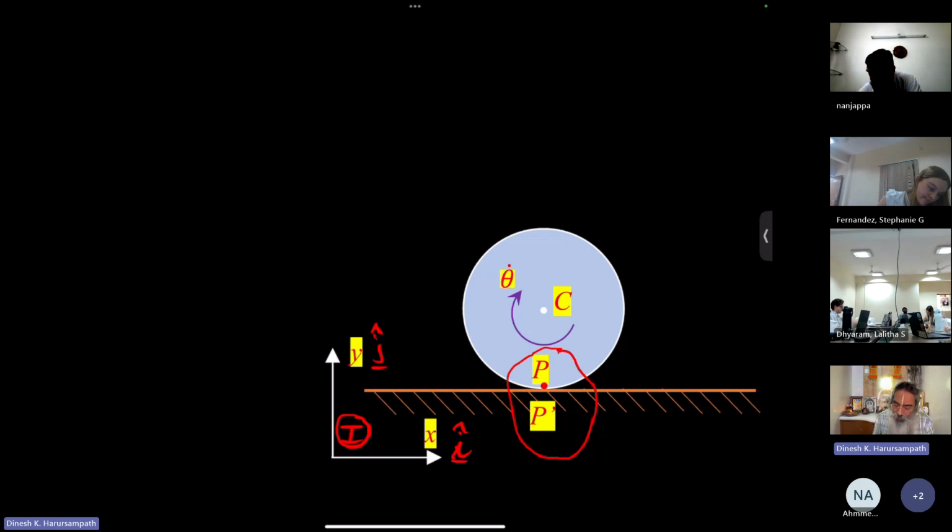So now there are other things that we like to introduce over here. One is the C, which is nothing but your center of mass, or in this particular case, assuming that this is a well-balanced wheel, you're looking at it from a geometric center, and also let's say the mass distribution is axisymmetric, then you end up with, in this particular case, the center of mass and the centroid, or from the geometry point of view, the center of the circle.